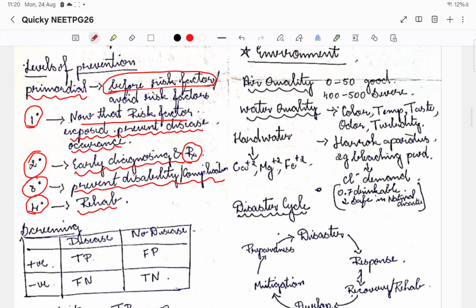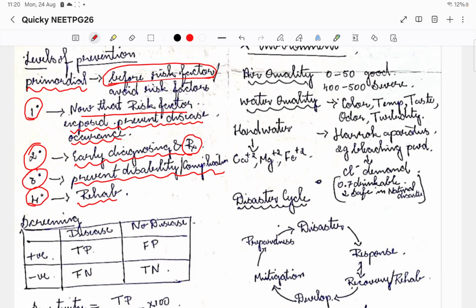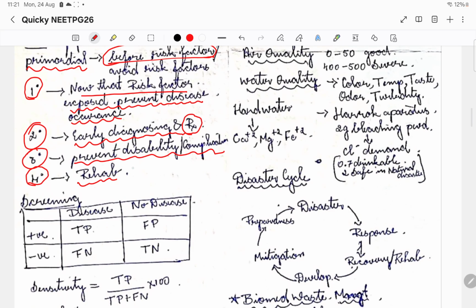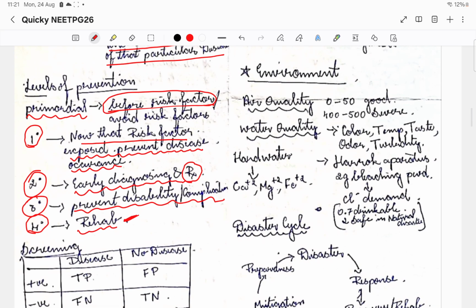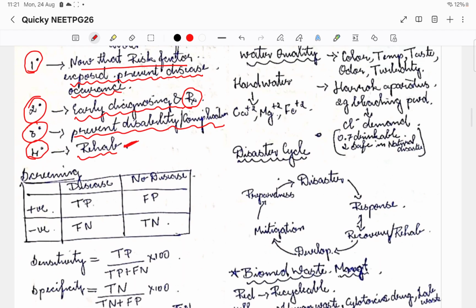So the gangrene was there, and we tried to prevent the disability, that is, we tried to avoid the amputation, but it complicated and we had to do the amputation. But now quaternary will be after the amputation, we try to rehabilitate them by giving prosthetic walkers and all. So these are the levels of prevention that I want you guys to know.